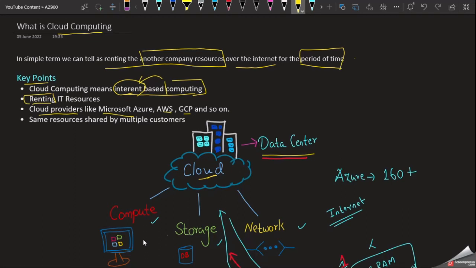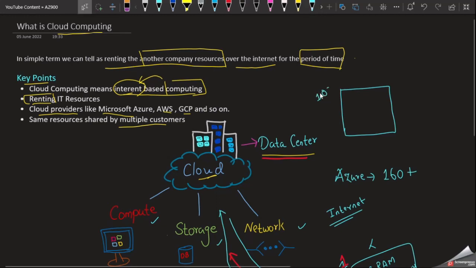And the last point is that the same resources are shared by multiple customers. If you do not understand, I will give one example. In the cloud, they have multiple services like compute, storage, network. Let me explain with a storage example. This is storage in the Azure data center. Take a very basic example: this hardware memory has 100 TB.